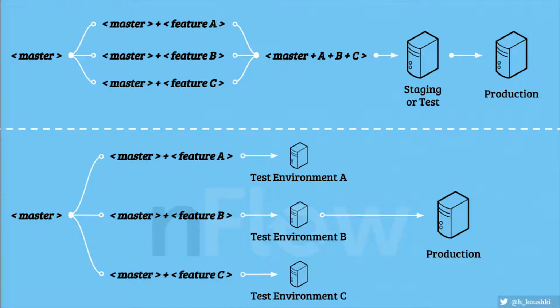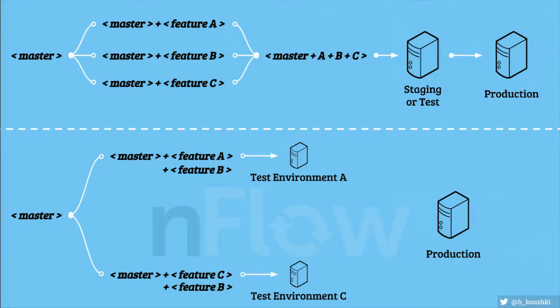So the only difference between test environment B and production is feature B. So if everybody is happy with that, it's exactly the same as staging, and you can deploy it to production easily. nFlow is responsible for deploying this feature to production. Also, nFlow is responsible for updating other branches as well, so it will update test environment B and test environment C. And then, again, nFlow is responsible for cleaning up the test environment.